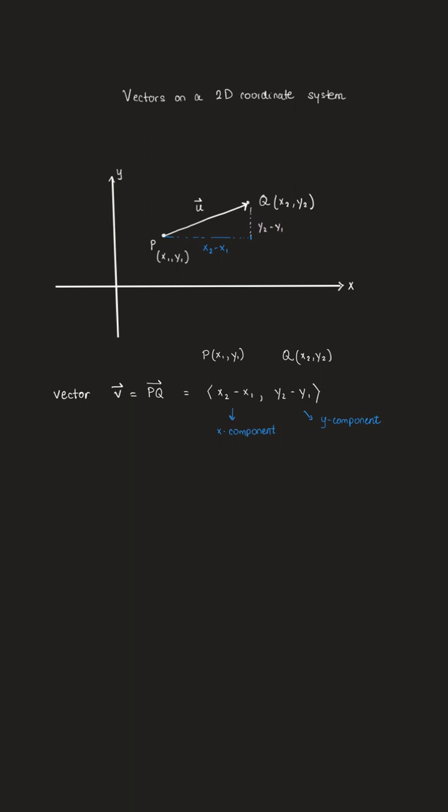So this vector is called a position vector. I'm going to show you with an example, but let me just define it first. Position vector PQ, whose tail will be at the origin and points in the same direction and has the same magnitude as the vector u.